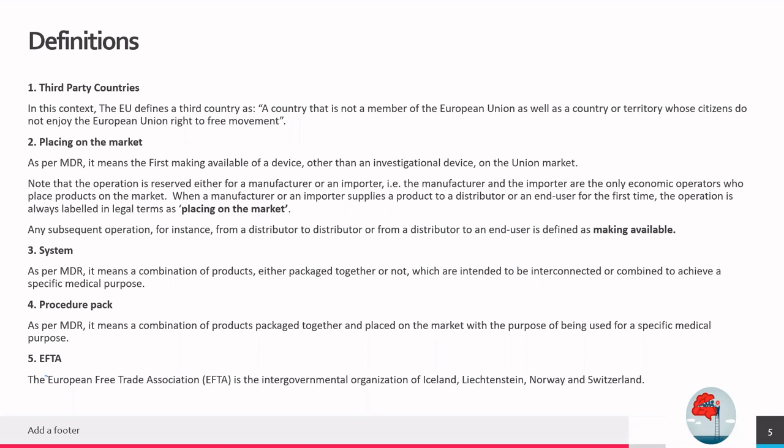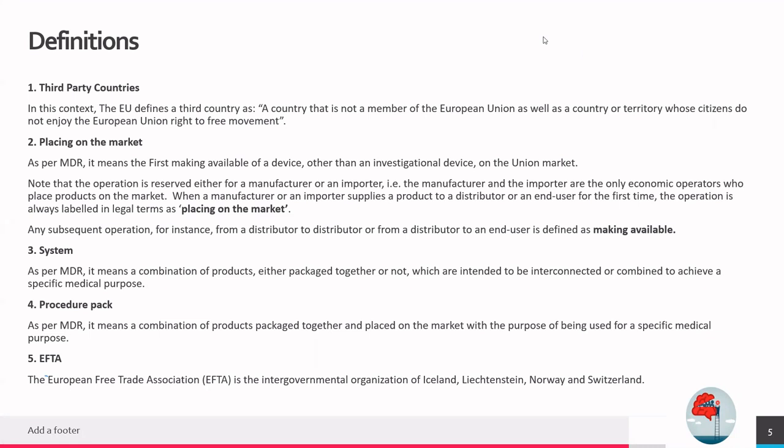As per MDR, a system means a combination of products, either packaged together or not, which are intended to be interconnected or combined to achieve a specific medical purpose. That is the system. Next comes procedure pack. As per MDR, it means a combination of products packaged together and placed on the market with the purpose of being used for specific medical purposes.